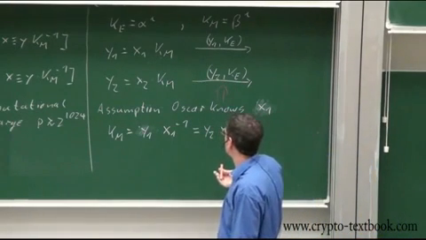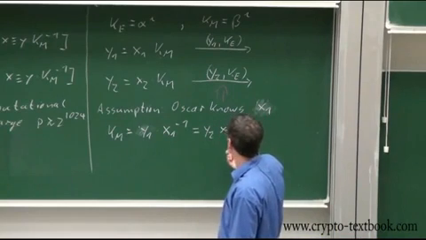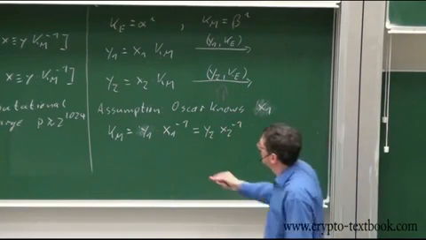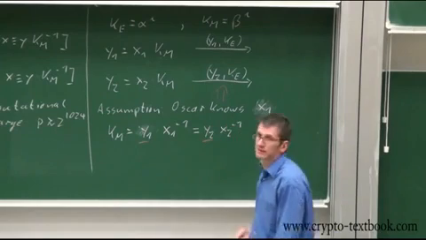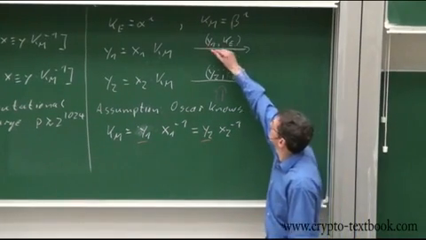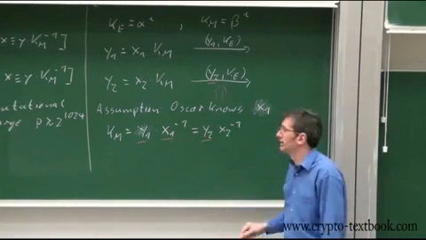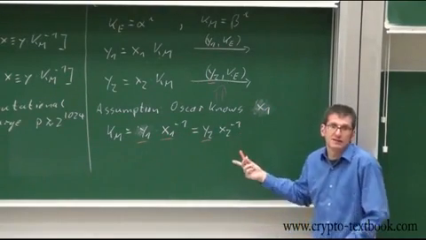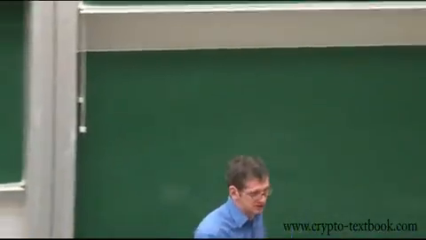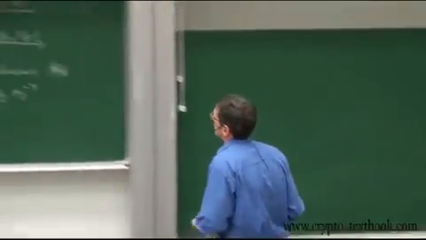Now, what are the unknowns here? Well, he obviously knows the two ciphertexts, right? They're on the channel, but he also, by assumption, knows X1. So the only thing that is left is X2. It's just a linear equation here. So he just solves for X2.